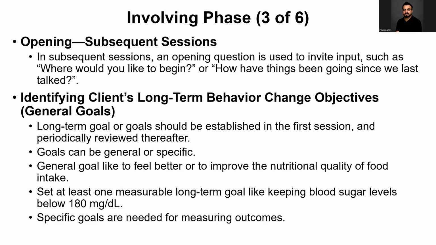We need to set at least one measurable long-term goal, like keeping blood sugar levels below 180 milligrams per deciliter. And specific goals are needed for measuring outcomes.